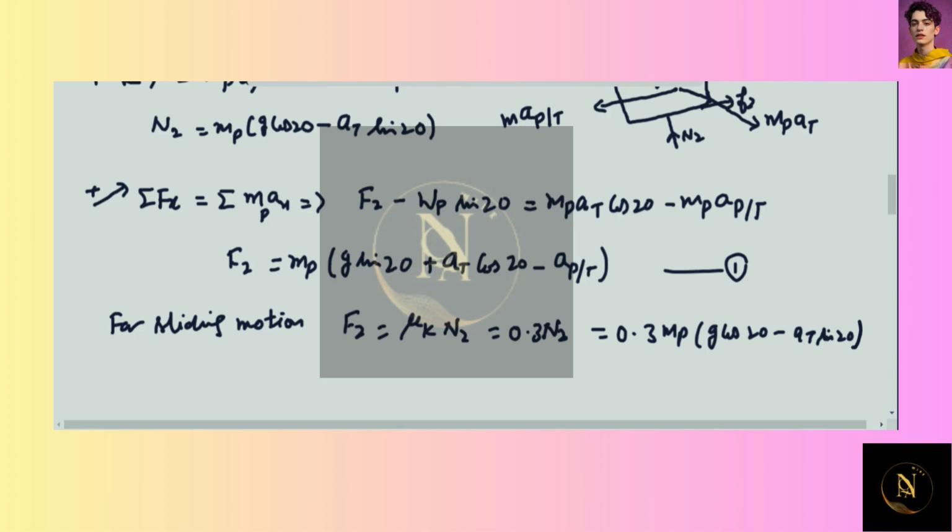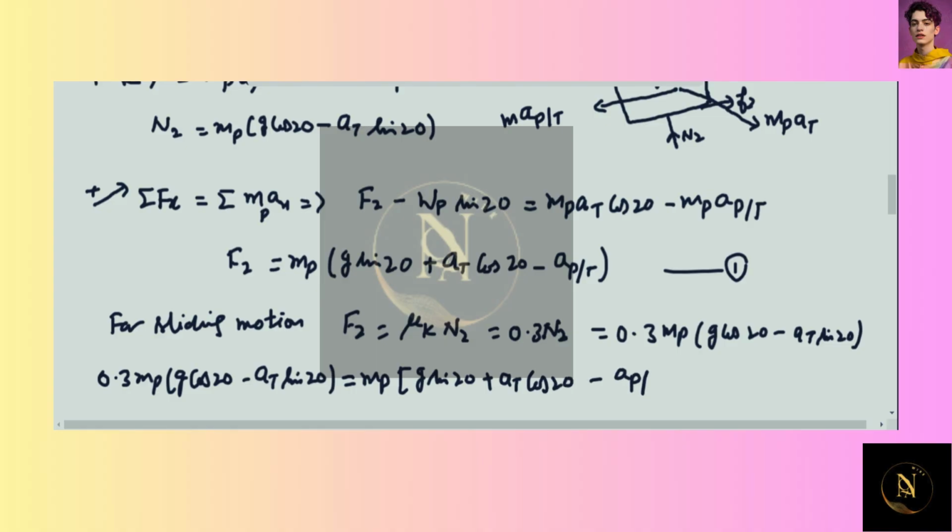Substituting the value, you will get 0.3 times mass of ply into g cos 20 minus AT sine 20 equals g sine 20 plus AT cos 20 minus acceleration of ply with respect to truck.